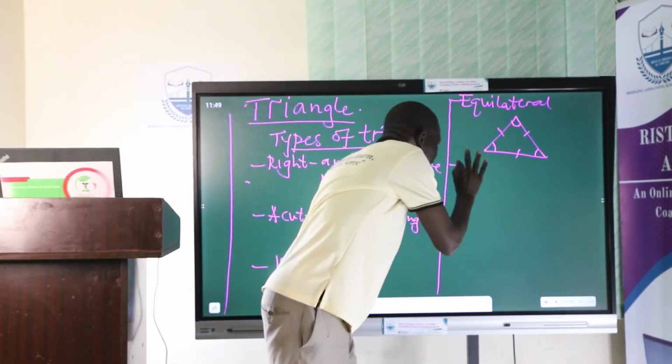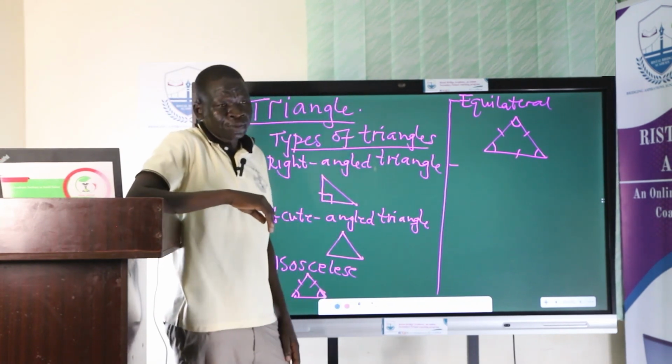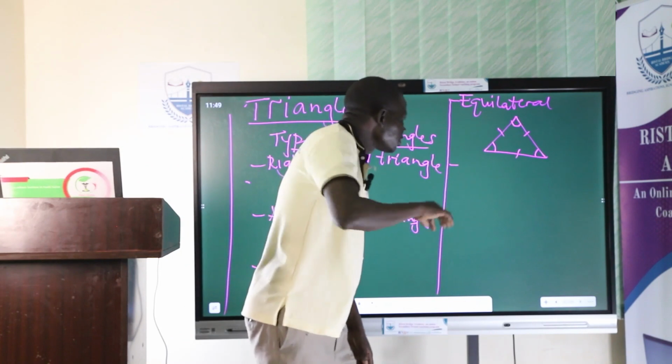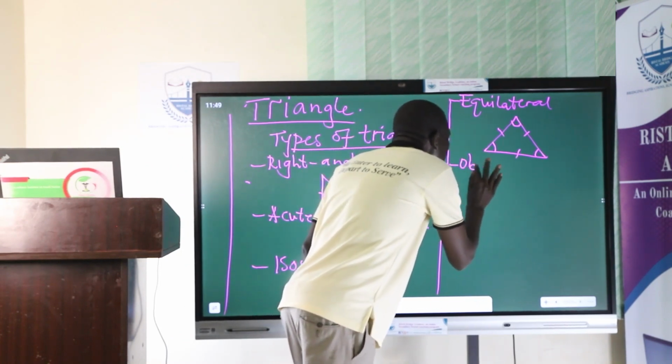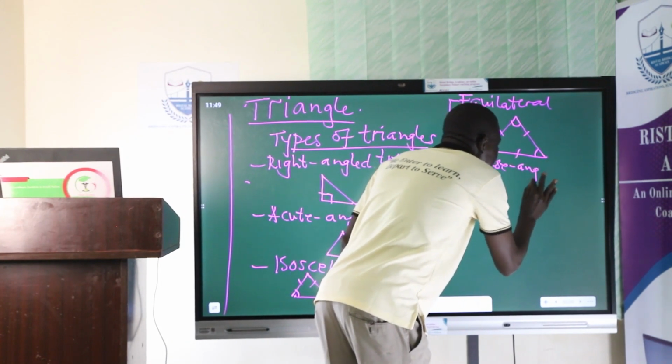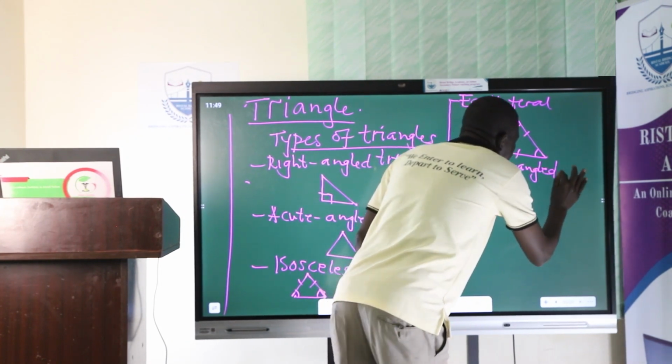We have another type of triangle which is called obtuse angled triangle.